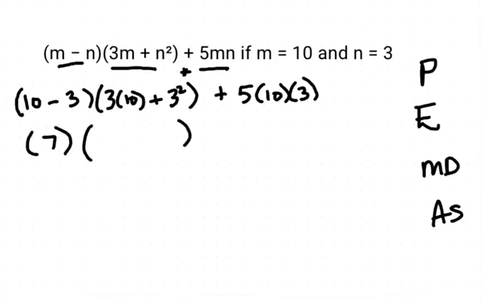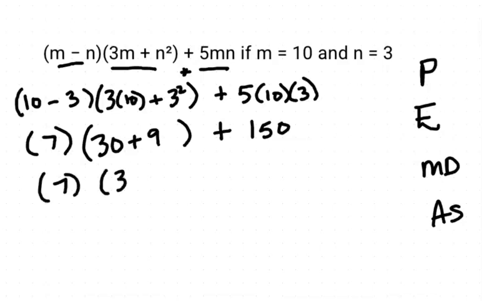I've got 3 times 10, and I've got 3 to the second, which is 9. And then over here, I've got 5 times 10, which is 50, times 3, which is 150. Okay, so I've got 7, then I've got times 39, then I've got add, and then I've got 150.